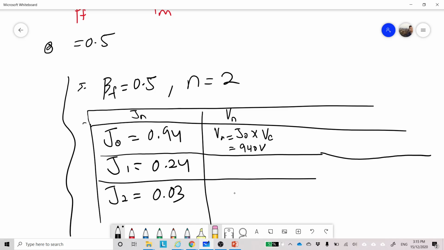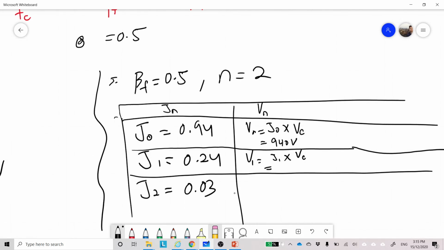Yang ini you akan dapat V1 is equal to J1 multiplied with Vc. So you will get this one equal to 240.